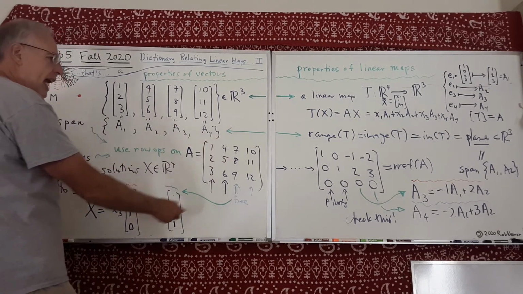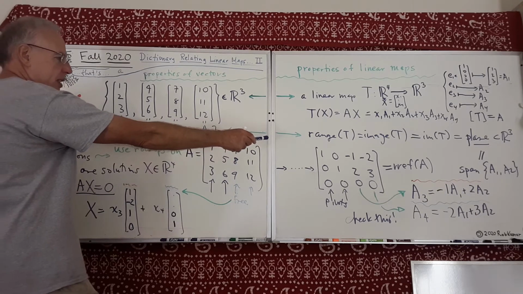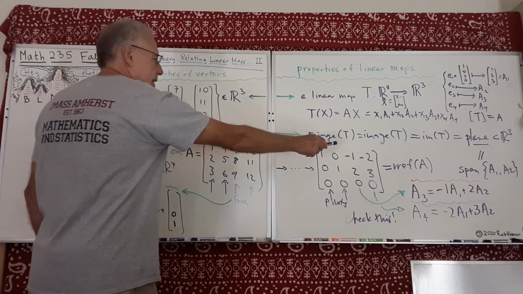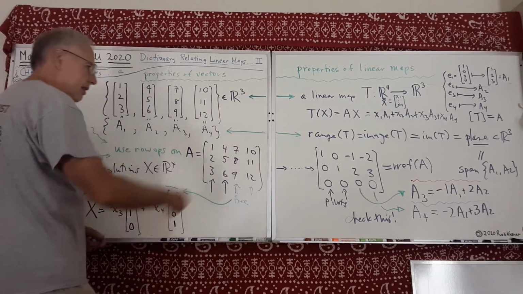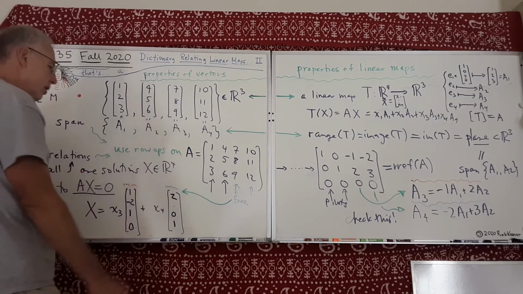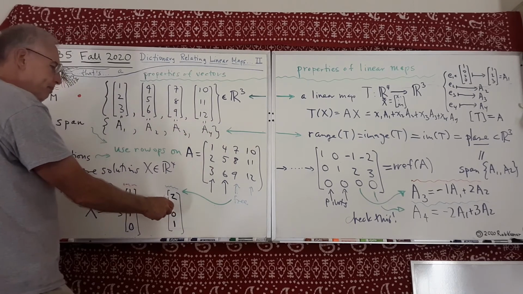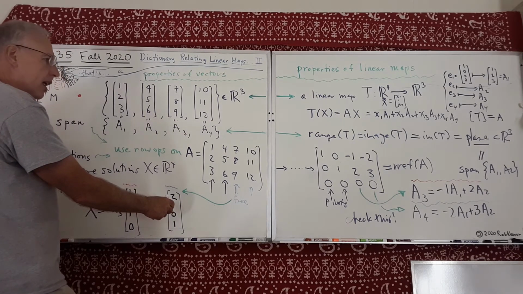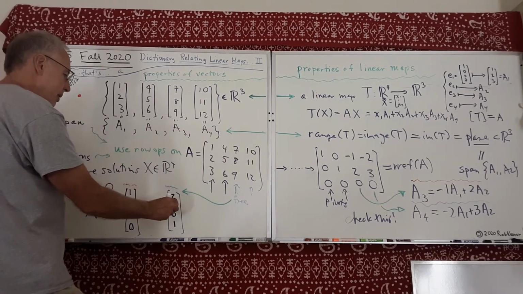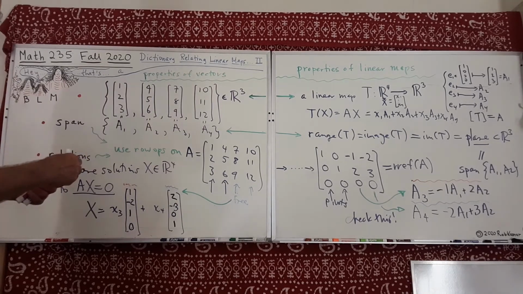Namely, since x3 is 0, the first row says that x1 minus 2 is equal to 0, so this should be a 2. And the second row tells us that x2 plus 3 is equal to 0, so this should be a minus 3. And that's the relation I wrote down right there.